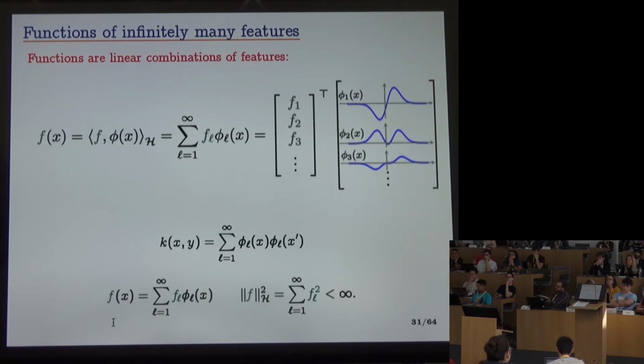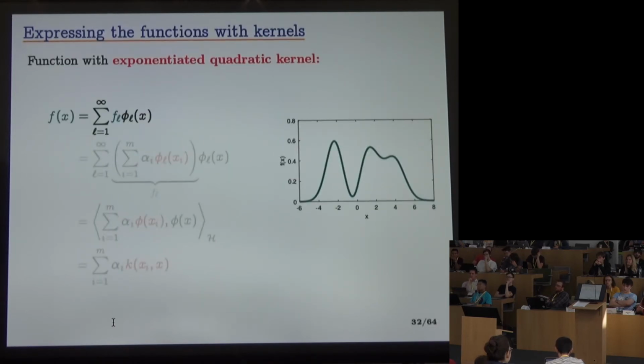Okay, so now I've defined a function of infinitely many features. But it's a little bit annoying, because I now have to write down infinitely many coefficients and infinitely many features, and that's a lot of work. So maybe I don't want to do that work. How do I write a function of infinitely many features without writing down infinitely many coefficients?